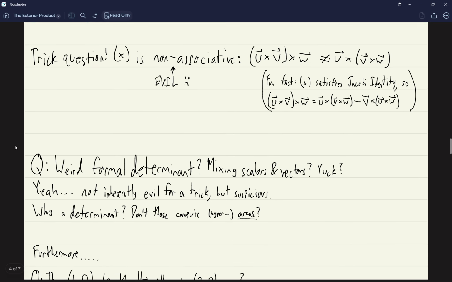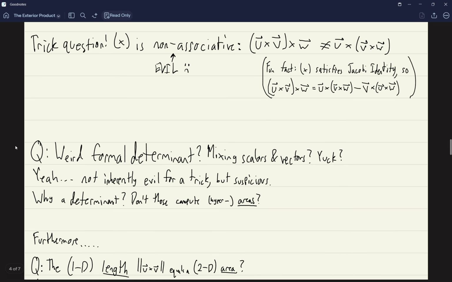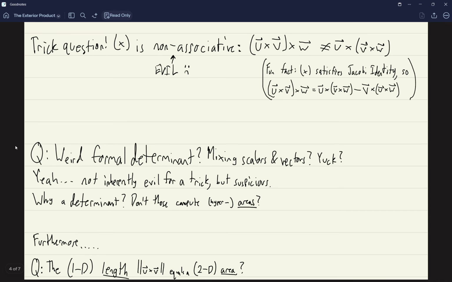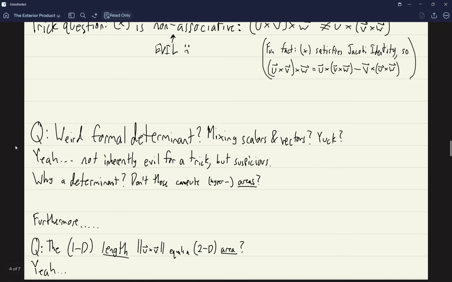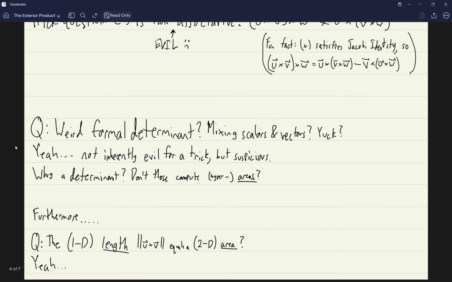And actually, in the same vein, the length of our one-dimensional cross product vector is equal to the area of a two-dimensional parallelogram, which again is not necessarily bad, but it's kind of suspicious.